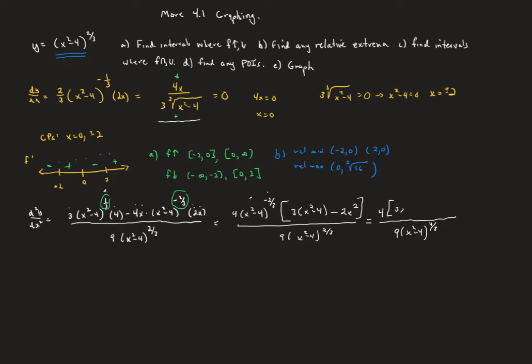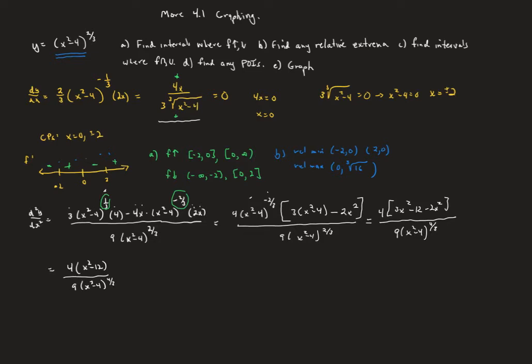That's going to be a 3x squared, a minus 12, and a minus 2x squared. So we're getting now 4 times, and I think that's going to be an x squared minus 12, and we have our 9 and (x squared minus 4) to the 4/3 in the denominator.